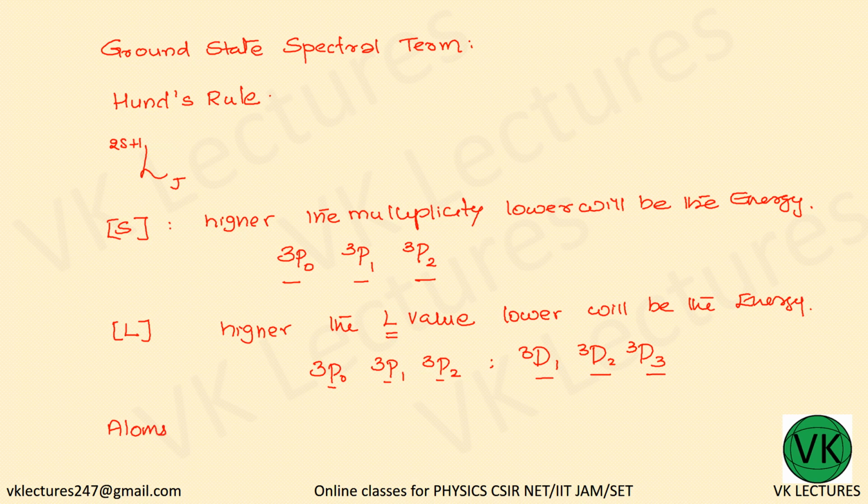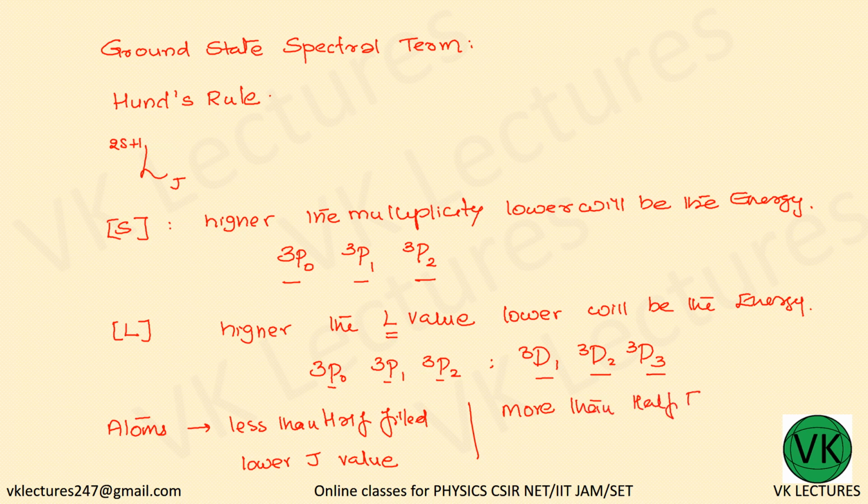Now if it is less than half filled, if the electrons are less than the half filled of that particular state, then you will go for the lower J value, or if it is more than half filled, you will go with the higher J value.